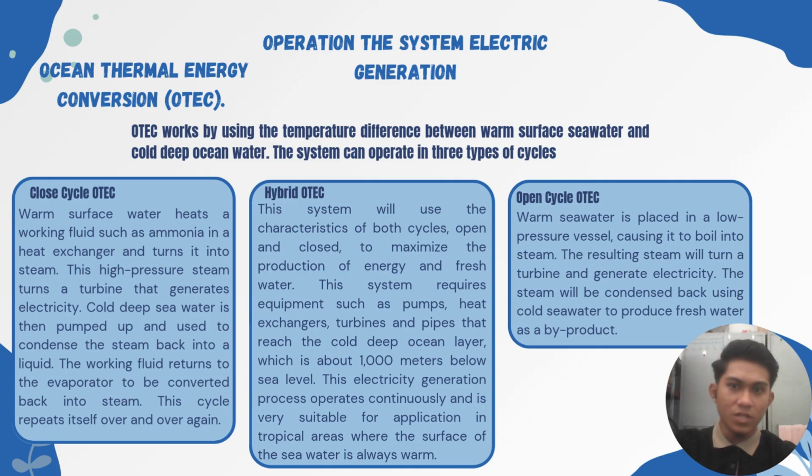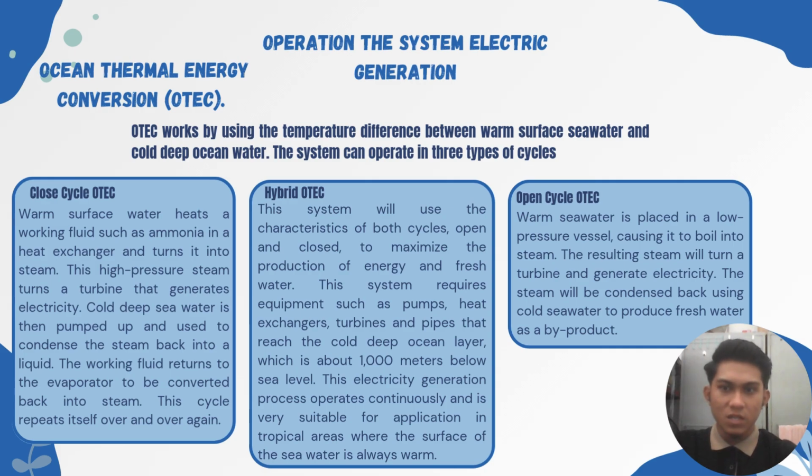Here is how ocean thermal energy conversion generates electricity. OTEC works by using the temperature difference between the warm surface seawater and cold deep ocean water. The system can operate in three types of cycle. The first is closed cycle OTEC. Warm surface water heats a working fluid such as ammonia in a heat exchanger and turns it into steam.